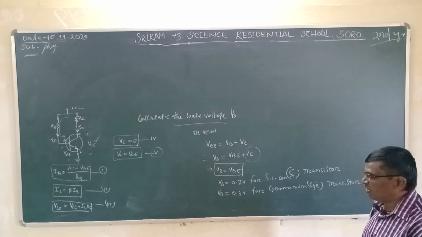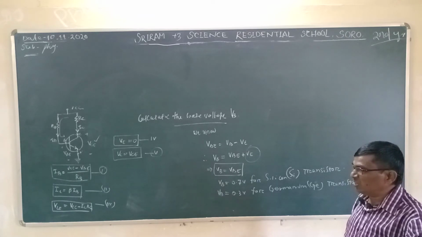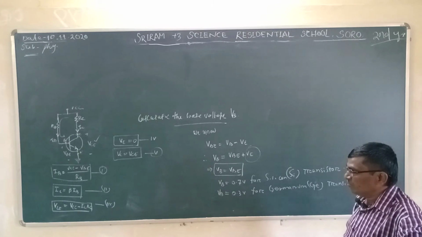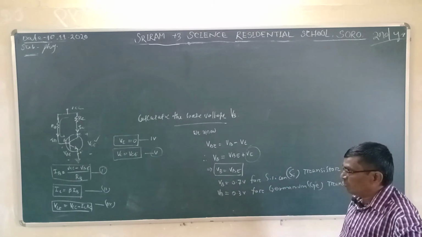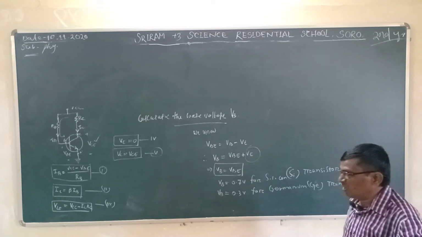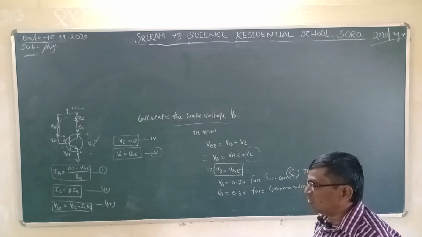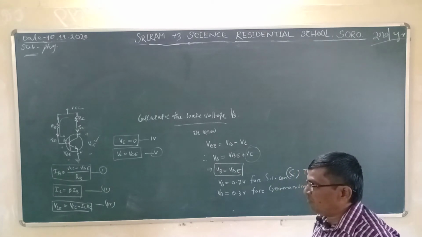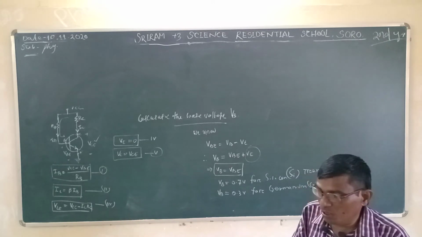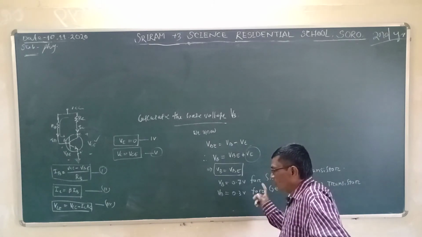This is the base point voltage. We calculated VC, which is equal to VCE, and the emitter voltage VE, which is connected directly to the ground point, that is 0 volt, and VBE is equal to VB, that is 0.7 volt for silicon transistor and 0.3 for germanium transistor.